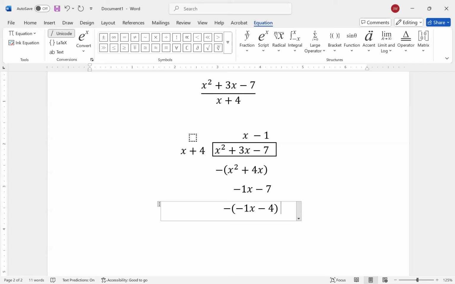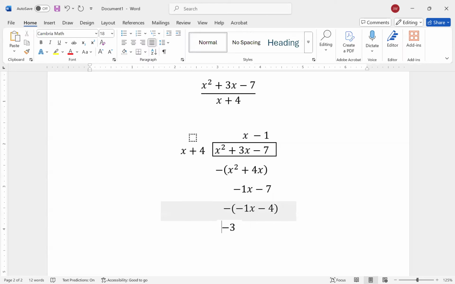And then after I subtract, negative 1x plus 1x cancels out. Negative 7, and that's going to be a plus 4, gives me a negative 3. So I end up with a remainder of negative 3.